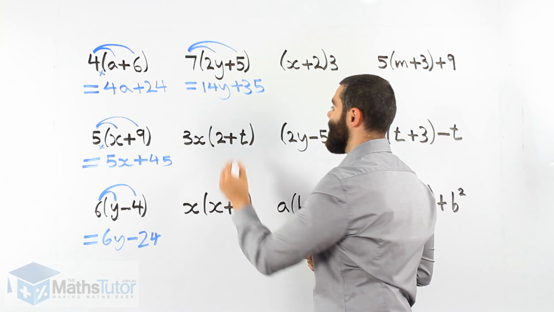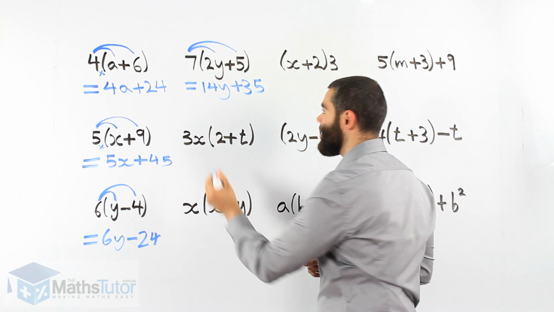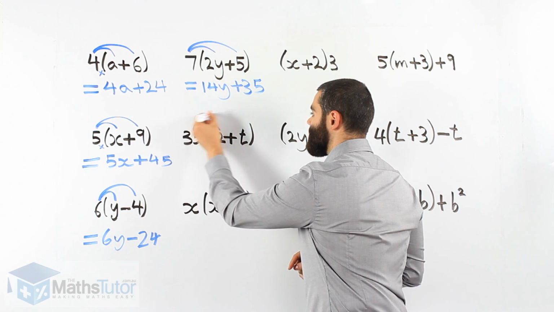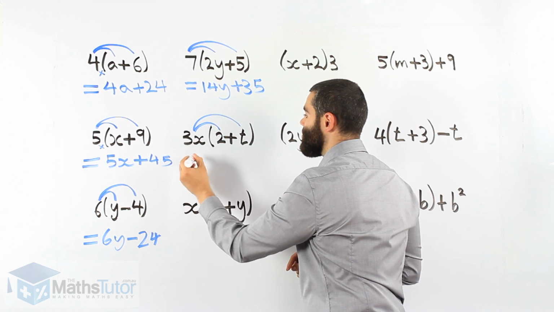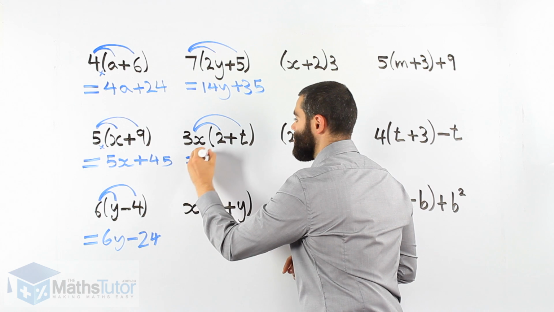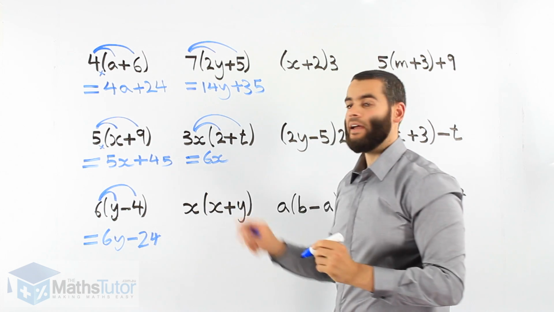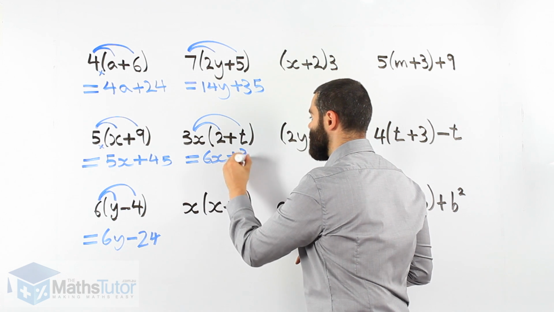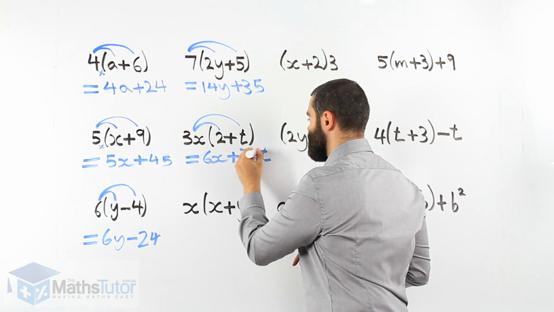3x times everything inside the brackets. We have the invisible times over here. 3x times 2 and 3x times t. 3x times 2 is 6x, and 3x times t, 3xt.